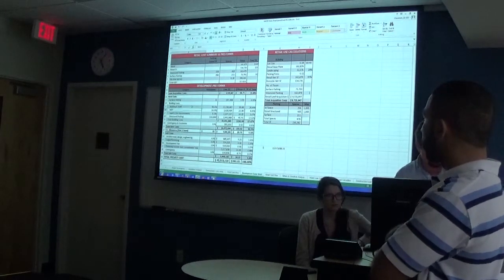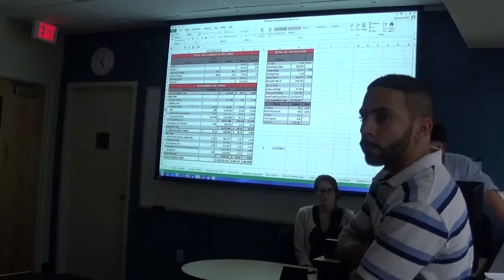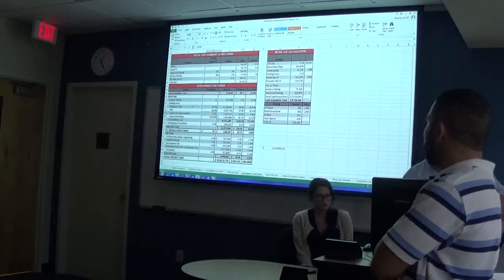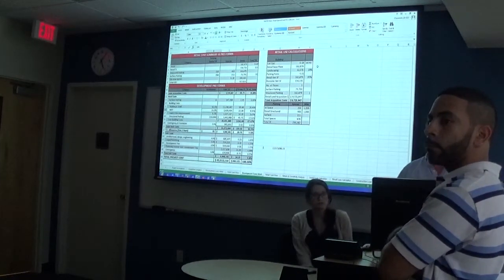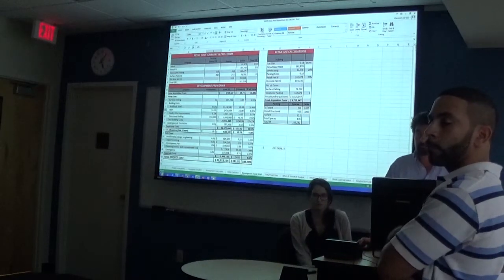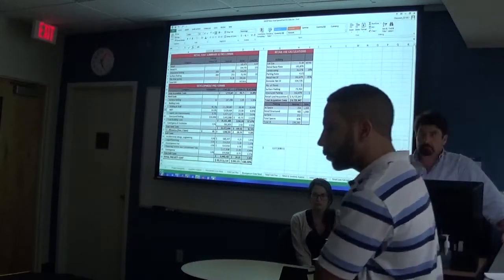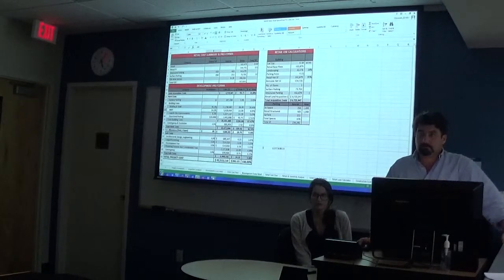Should I be showing this stuff here? Like Dr. Ford said, in the presentation, think of it as big picture. They're going to ask, what's your total construction budget? What is your total square footage?